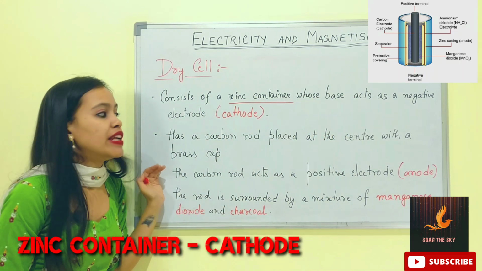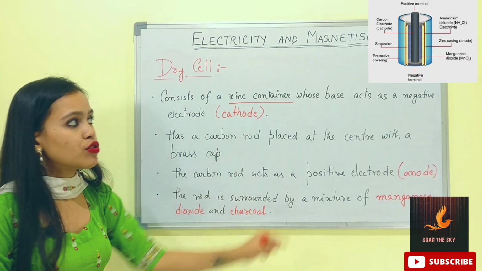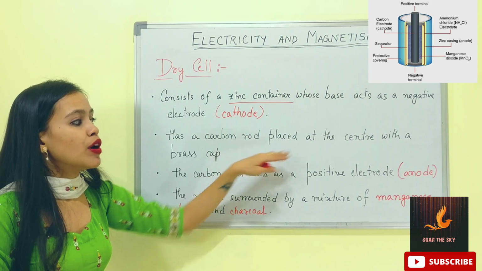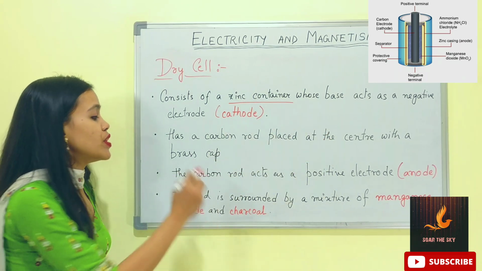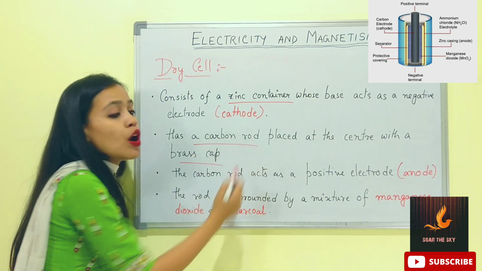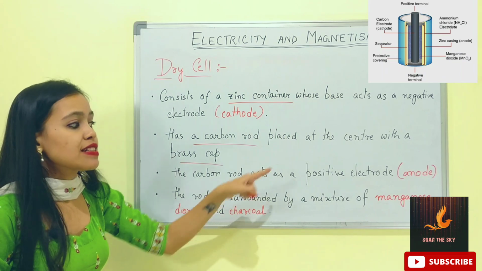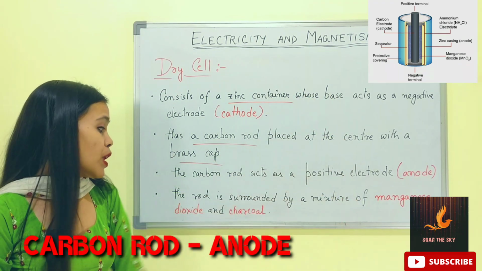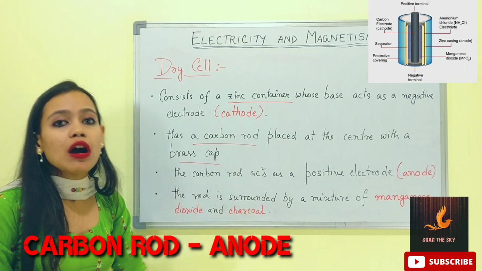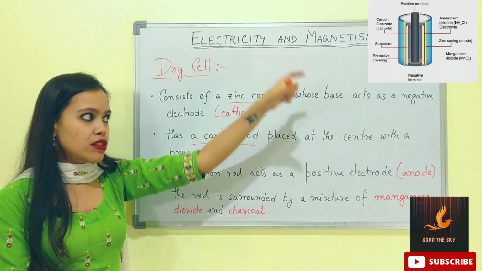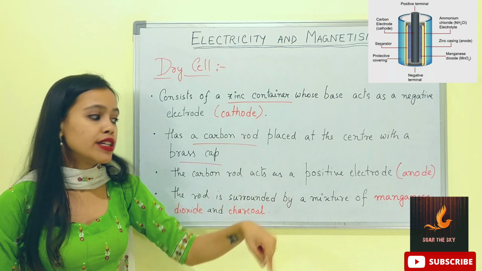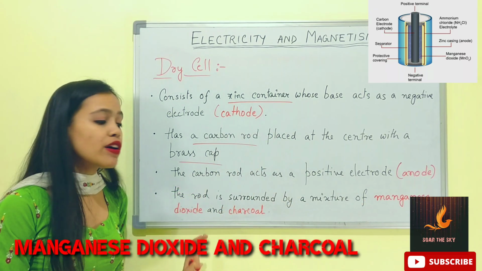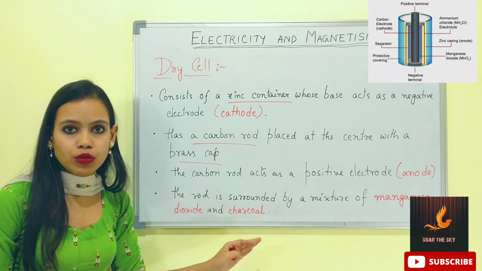The second point, it has a carbon rod, the rod that you can see going from the middle. It's a carbon rod placed at the center with a brass cap. This carbon rod acts as a positive electrode, that is anode. The entire external part of the rod is surrounded by a mixture of manganese dioxide and charcoal.